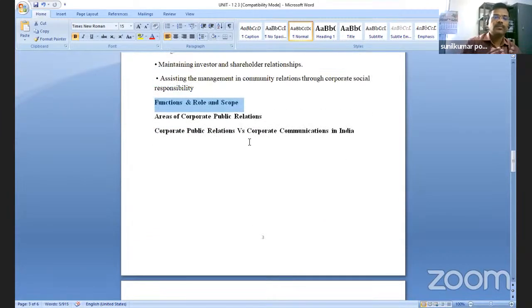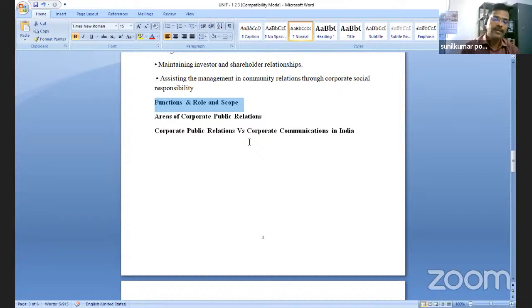Here is some difference. There is a clash between what is corporate public relations and what is corporate communication. In India, there is nothing; already we have discussed, there is not a breach between corporate public relations and corporate communications.